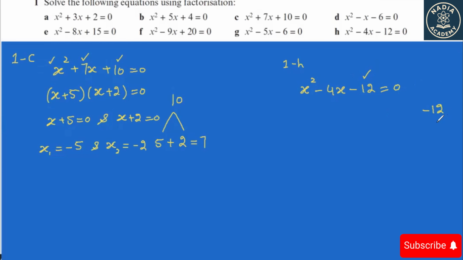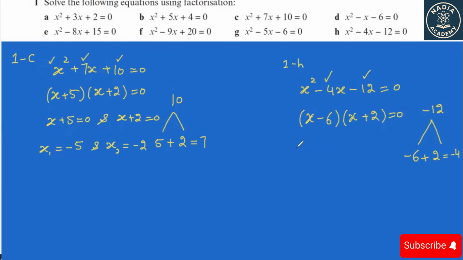Now we need to find the factors of negative 12 that, if we add them up, the answer must be negative 4. Here we can see that if we have negative 6 and positive 2, and we add them up, the answer is negative 4. So negative 6 times 2 is equal to negative 12. So our factors are (x - 6) and (x + 2) equal to 0.